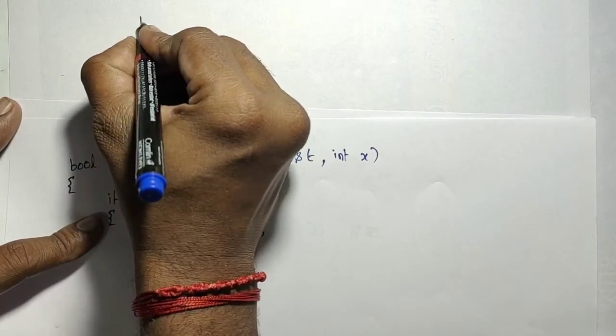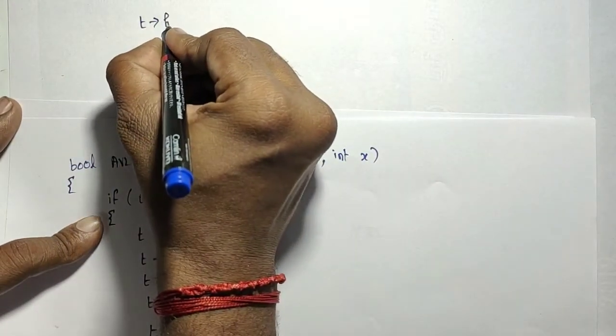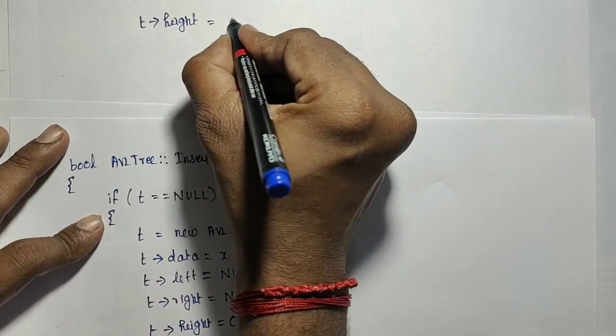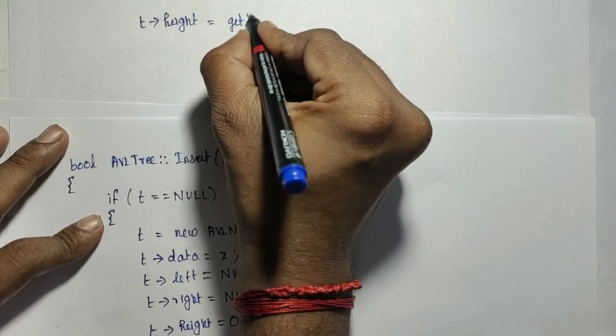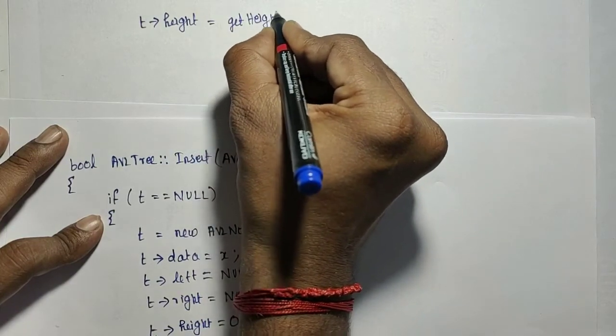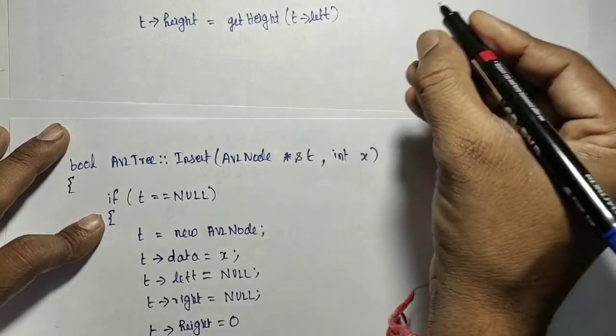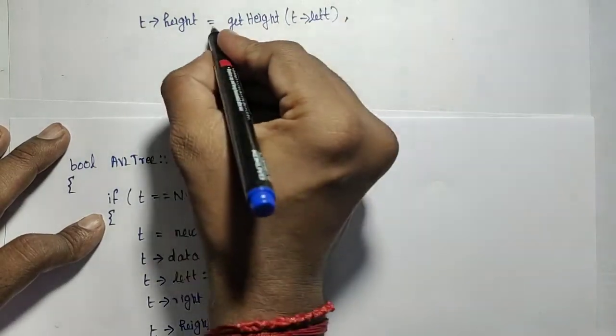That is, T of height equal to get height of T of left, and comma, whichever is the maximum.